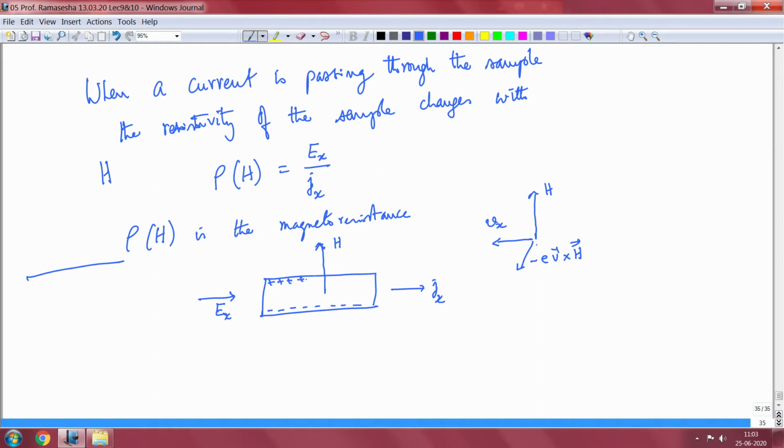So the top edge is charged positively. The electrons kind of bend around in this way because of the magnetic field.